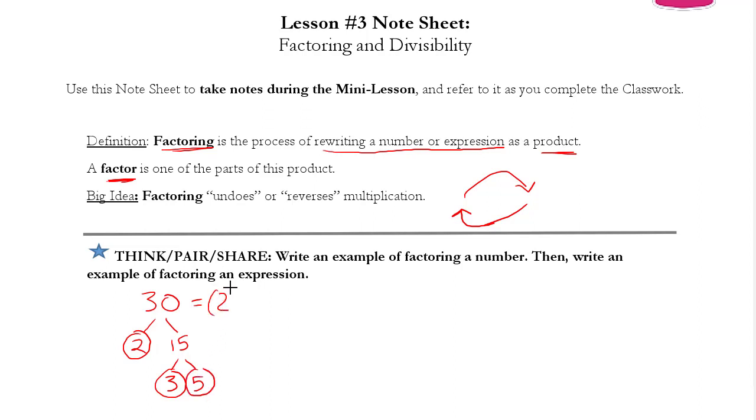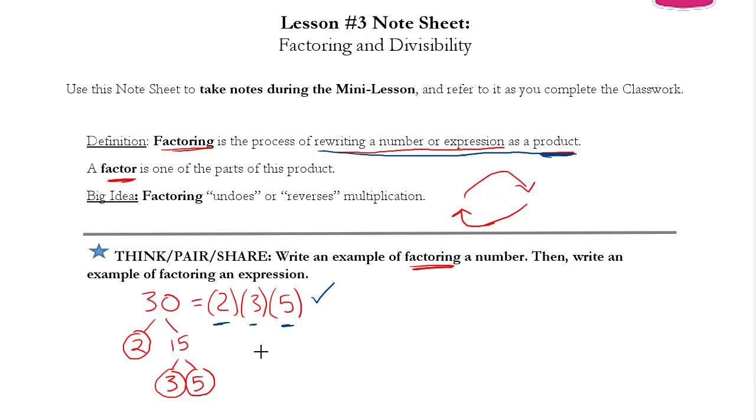We could express 30 as 2(3)(5), and this would be an example of factoring the number because we took that number 30 and we rewrote it as a product of 2, 3, and 5, so that is correct. That is one way to factor 30.